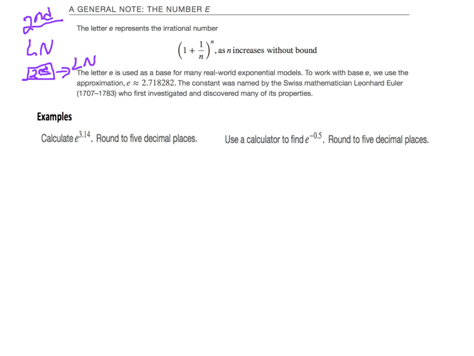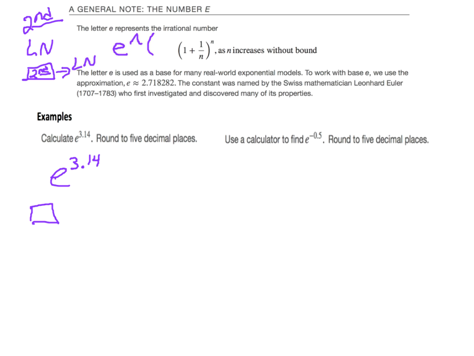When you do that, it will show E, and then it'll open a parenthesis. It wants you to tell it what to raise that E value to. So, to evaluate E to the 3.14 power, it says round it to 5 decimal places.